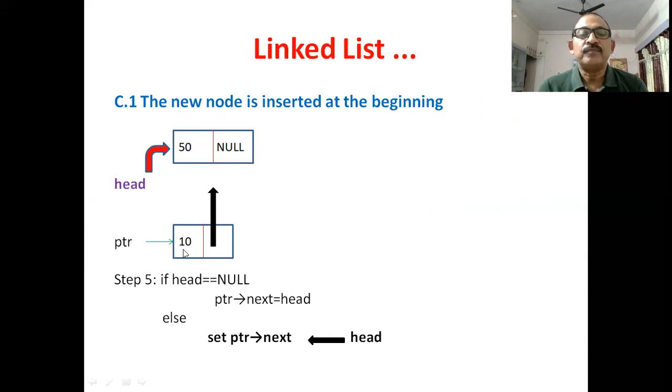Let us explain. If head is equal to null, what did we already do? PTR next is equal to head. If else, meaning head is not null, what will we do at this step? PTR is pointing to the latest created node, and we store the value 10.